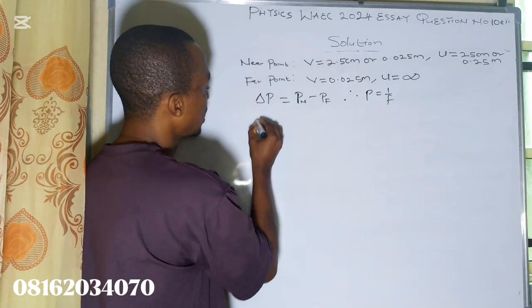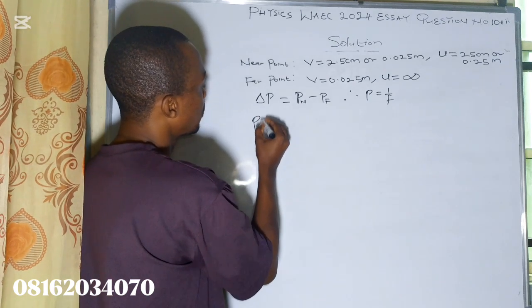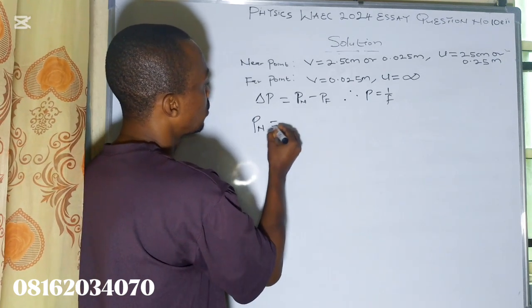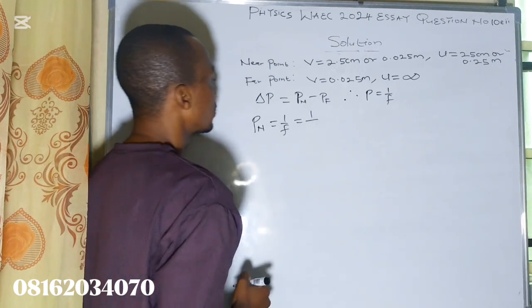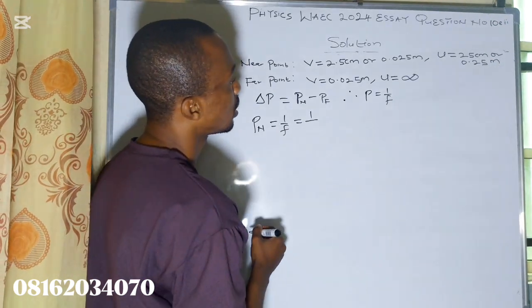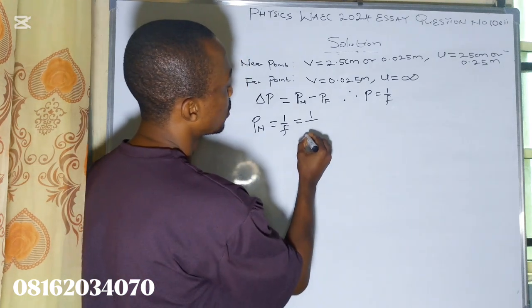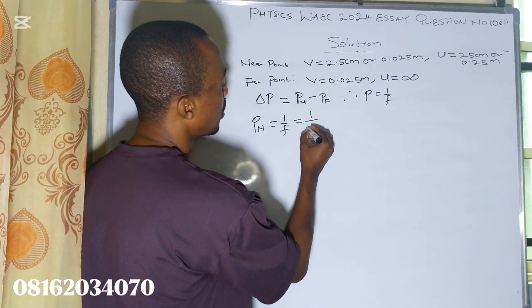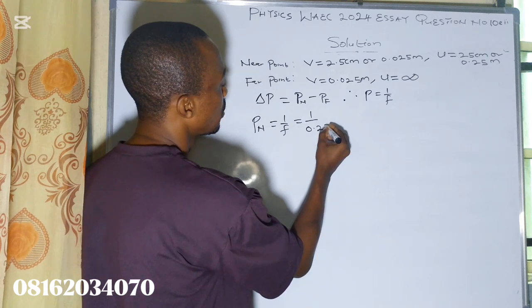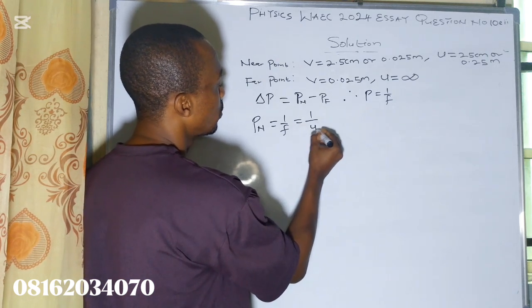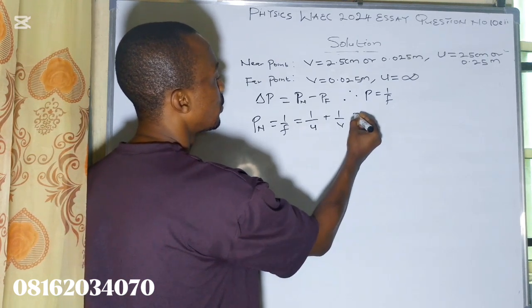For the near point, the power will be 1 over f, and this will be equal to 1 over u plus 1 over v.